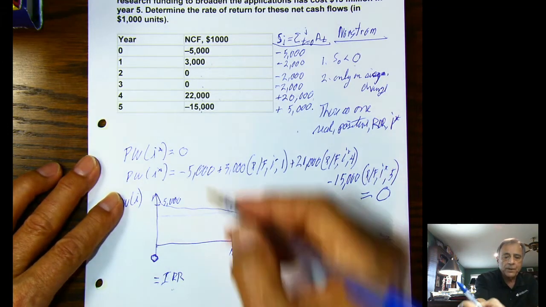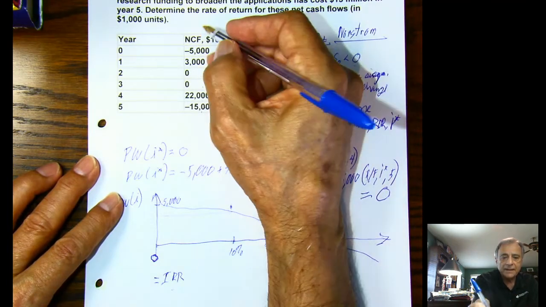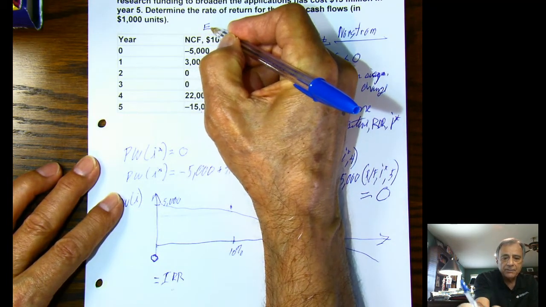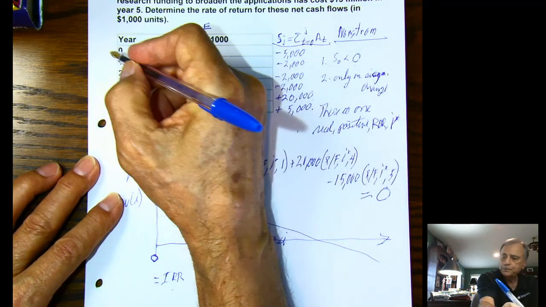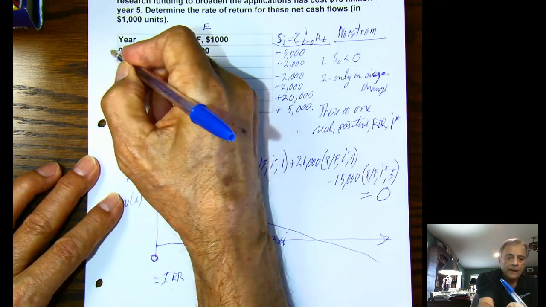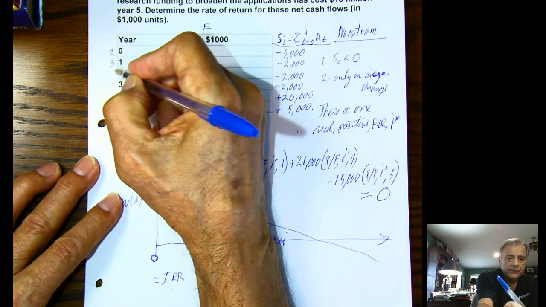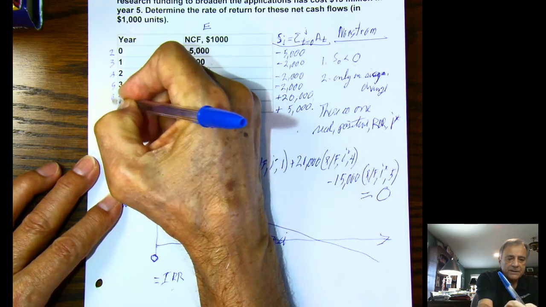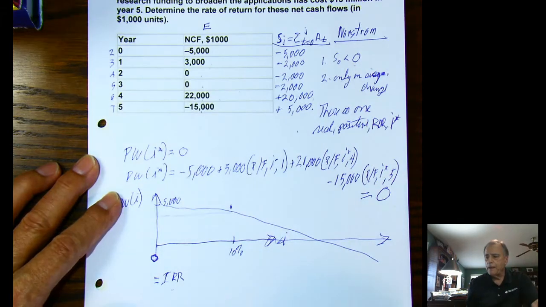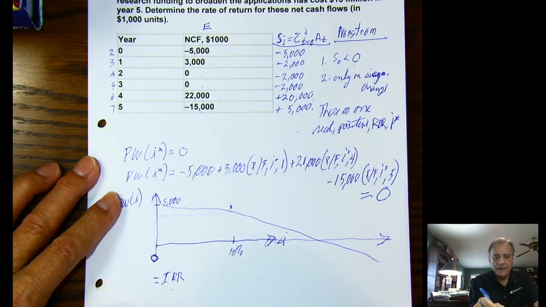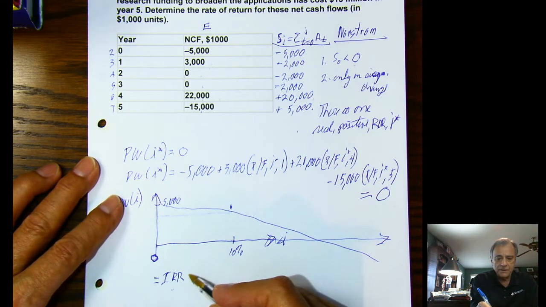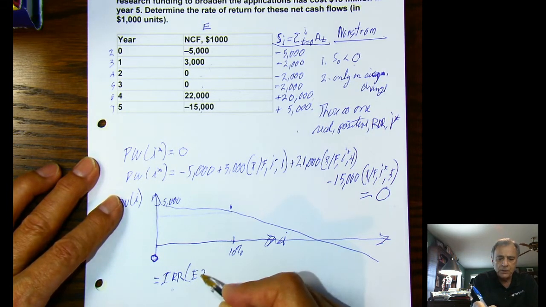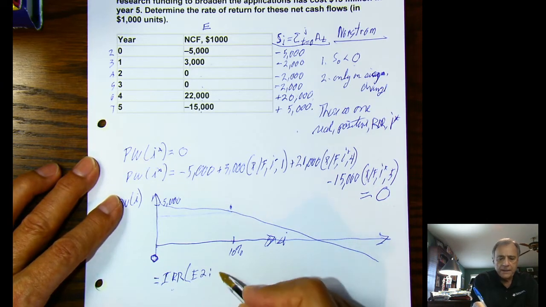And suppose this were, let's say, column E in my Excel file, and this is row 2, here, 2, 3, 4, 5, 6, 7, then I would put in IRR of the cells E2 through E7.